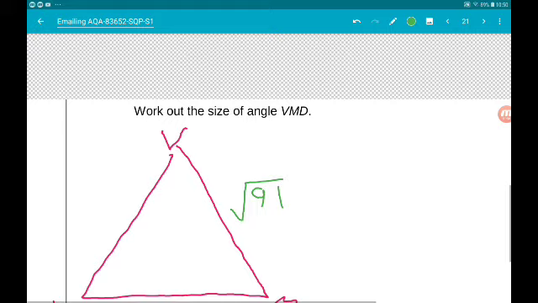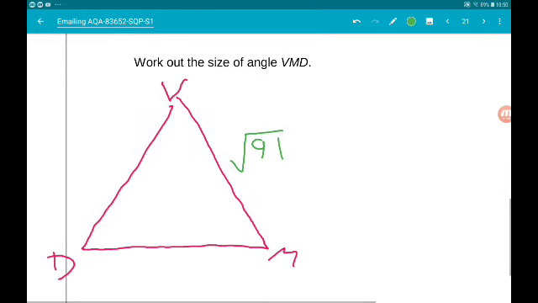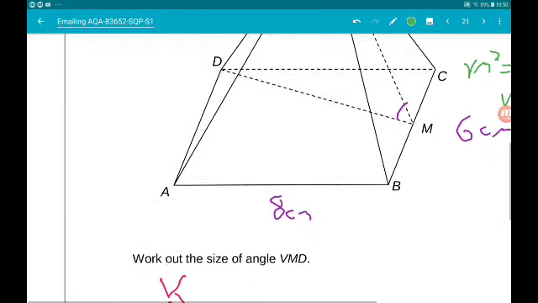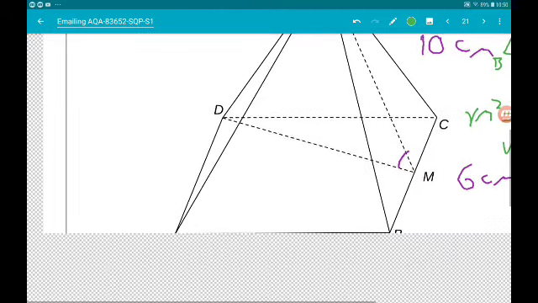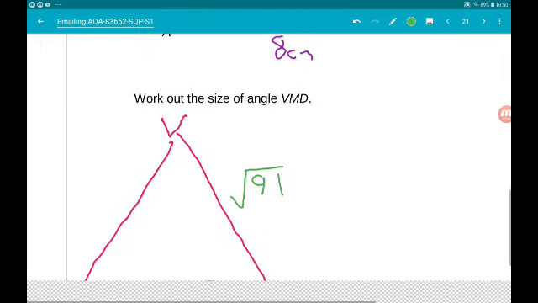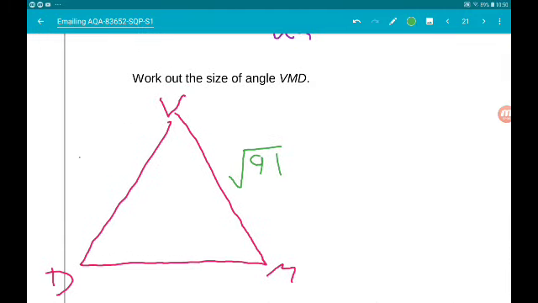Can we work out either of the other two? Well, we know that VD is 10. So, can we work out the third? If we can, then we can use the cosine rule to work out the angle.